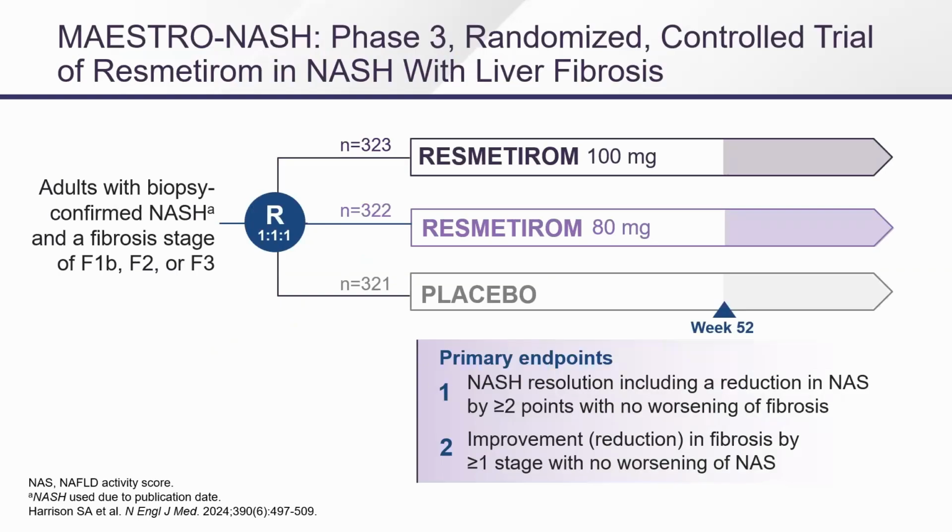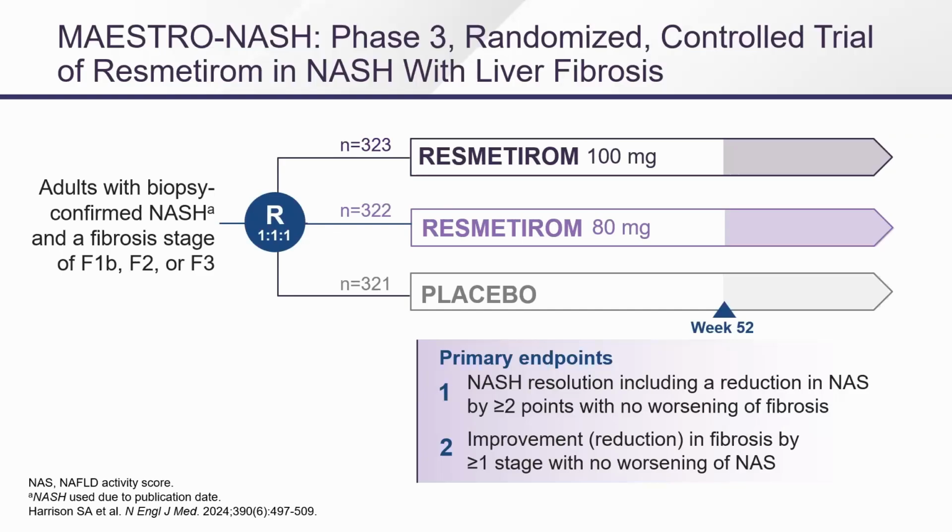MAESTRO-NASH is a phase 3 randomized controlled trial of resmetirom, which brought us this approval. It included about 900 patients. About a third were in the placebo arm, about a third were in the 80 milligram arm, and about a third were in a 100 milligram arm.